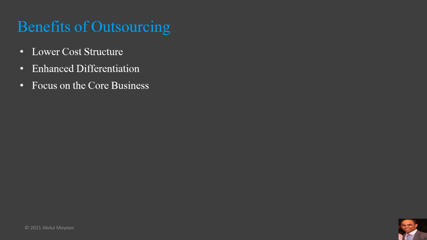And number three, focus on the core business. A final advantage of strategic outsourcing is that it allows managers to focus their energies and their company's resources on performing those core activities that have the most potential to create value and competitive advantage.